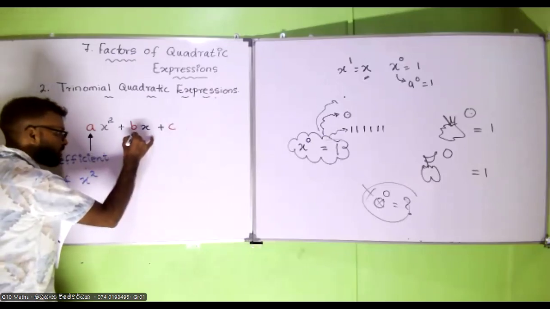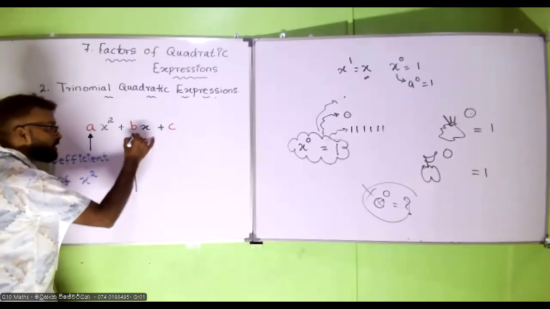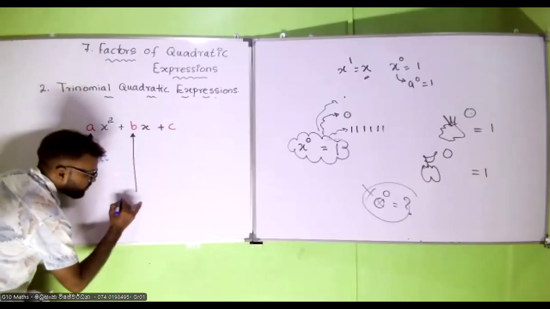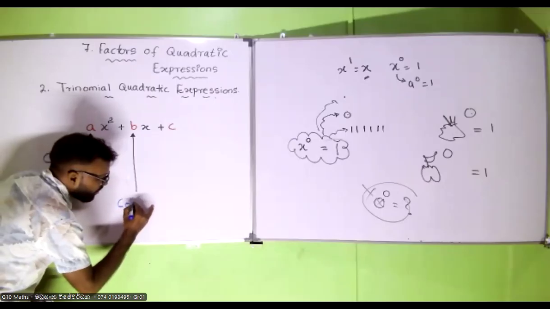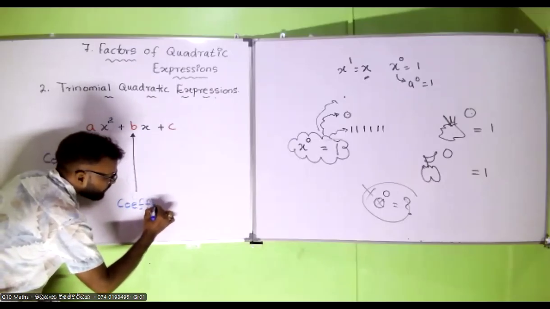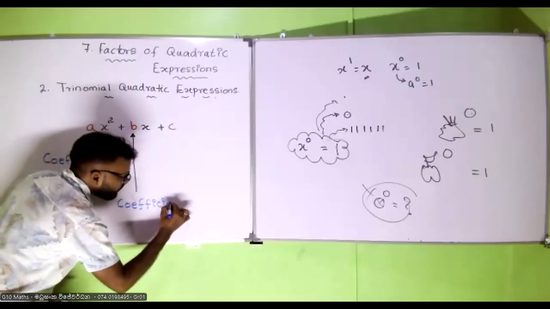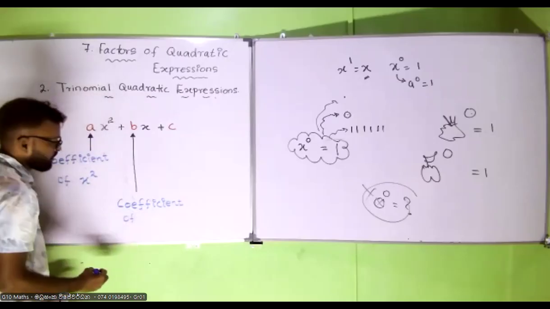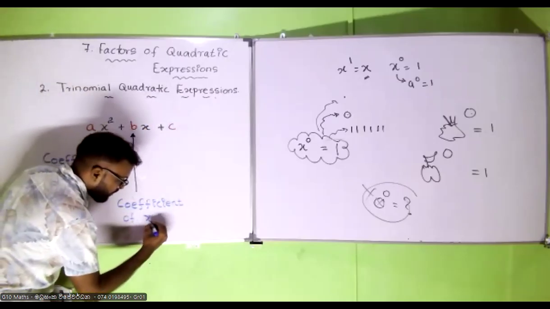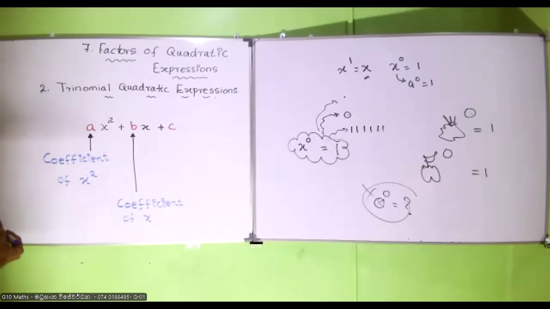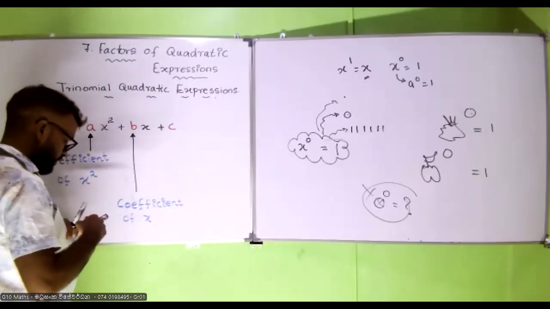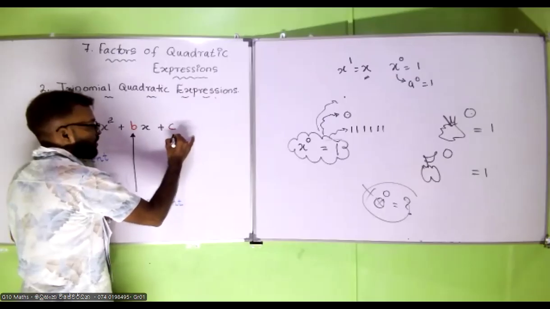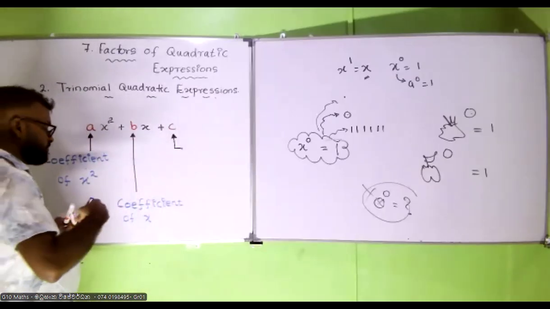This b, you know that already, is the coefficient of x, and we call this c our constant.